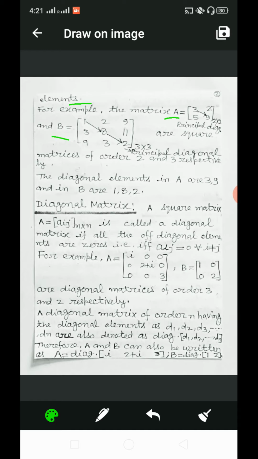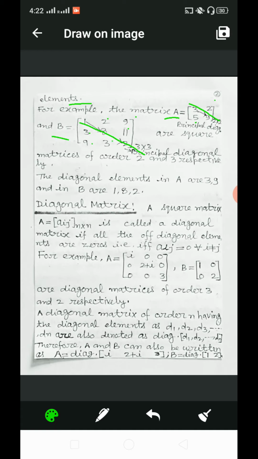These are square matrices of order 2 and 3 respectively. The diagonal elements in matrix A are 3, 9 and in matrix B are 1, 8, 2, and the off diagonal elements in matrix A are 2 and 5, and in matrix B are 2, 9, 11, 3, 9, 3.